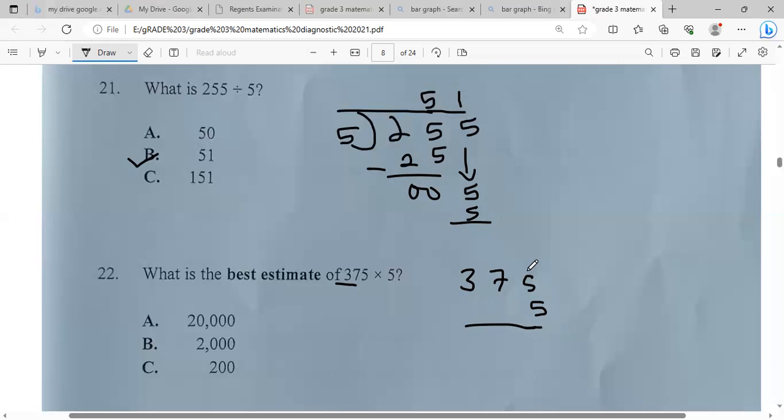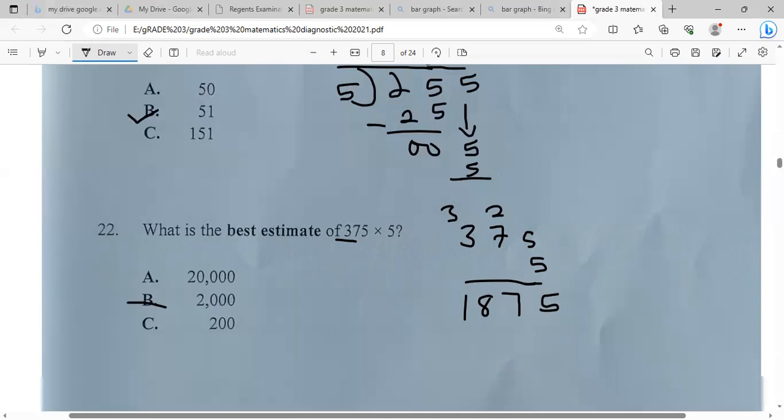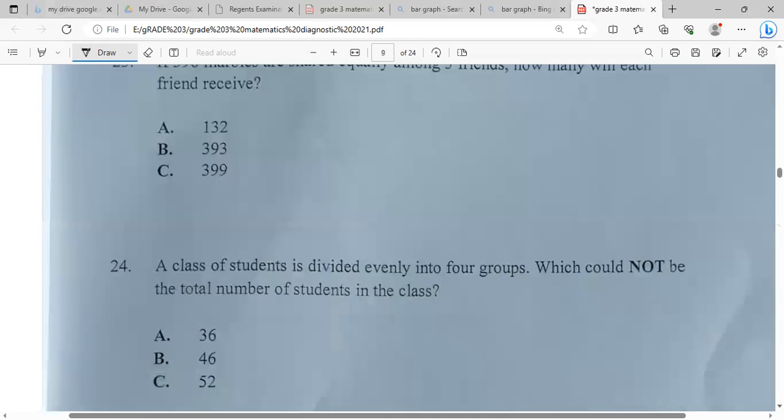So 5 times 5, 25. 5 times 7, 35, and 2, 37. 5 times 3, that is 15, and 3 is 18. Just as I was saying, 1875. So the best estimate would have been 2000. It couldn't be 200. It's way bigger than 200, and it doesn't reach that.